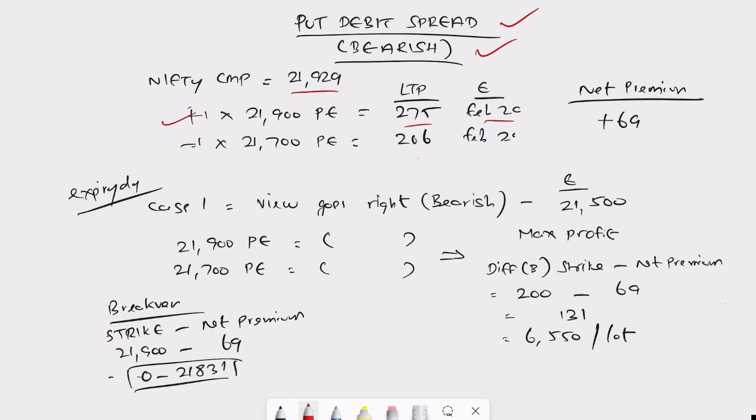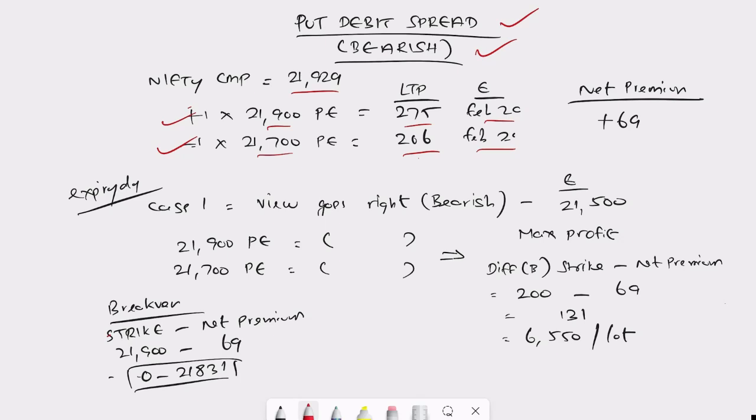And then we sell one lot of 21,700 put option, which is out of the money, for a premium of 206, the same expiry Feb 29, right?